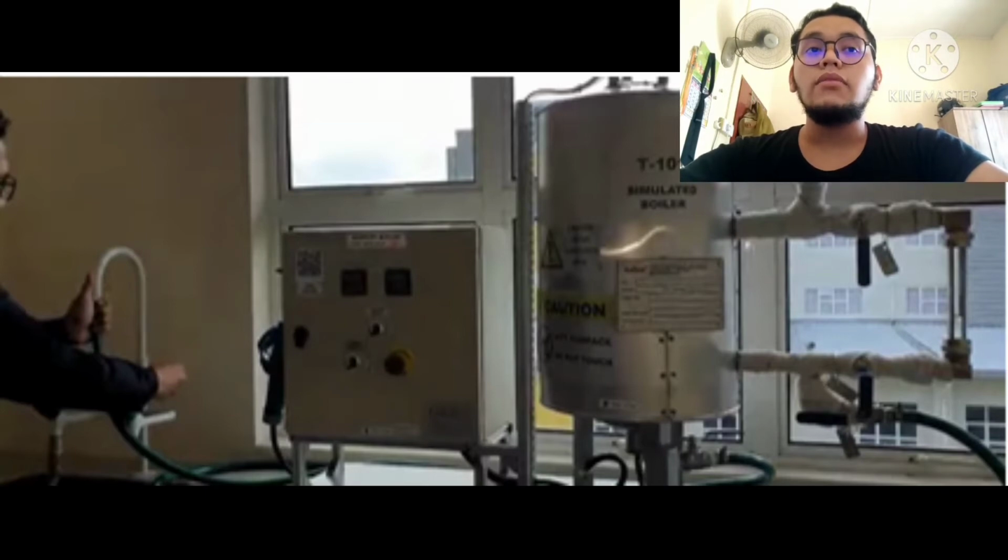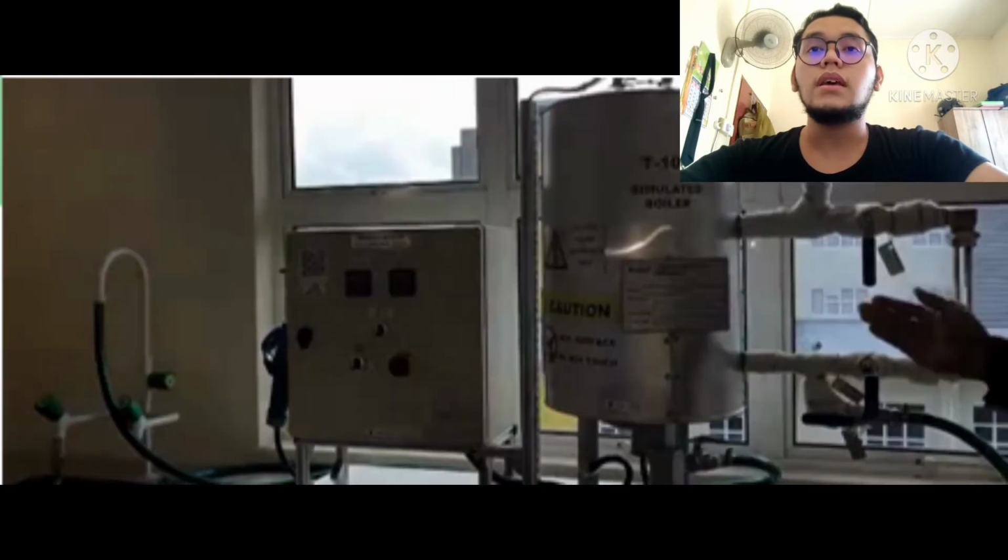If less, we need to fill the tank with water. And the last one, for this startup boiler process, when the tank is filled with a sufficient amount of water, we need to close the valves MVB101, MVB103, and MVB104.